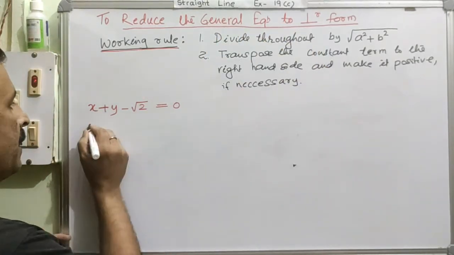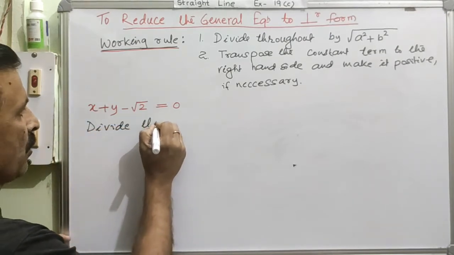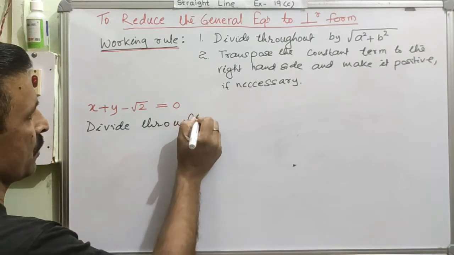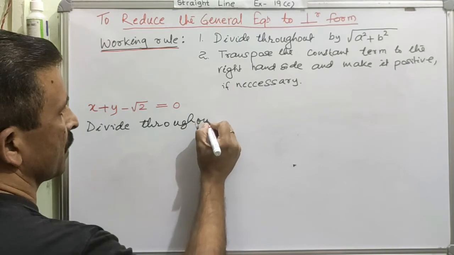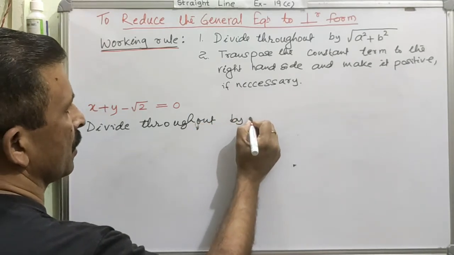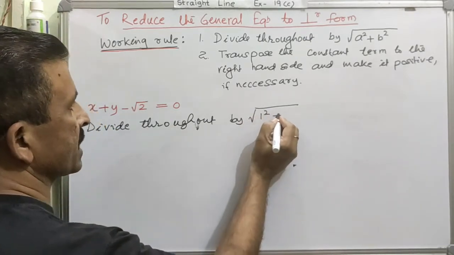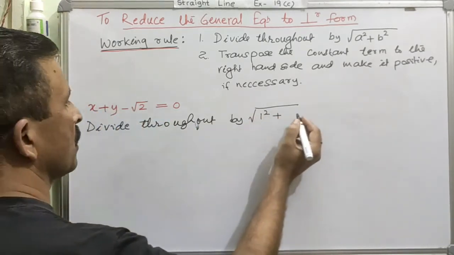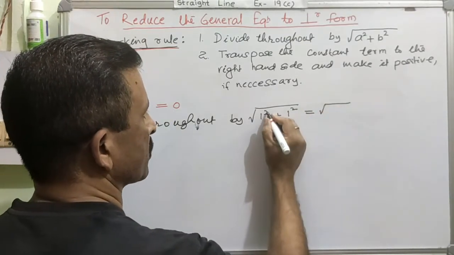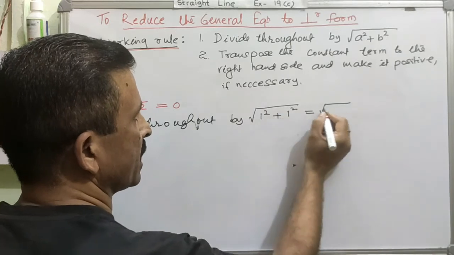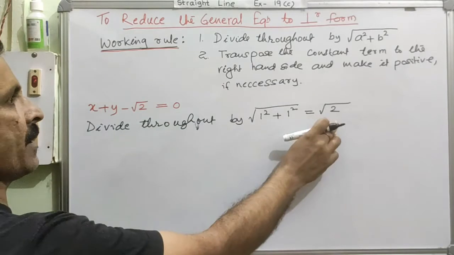We will say divide throughout by root over coefficient of x, which is 1 square, plus coefficient of y, which is 1 square. So this will come equal to 1 square means 1, 1 square means 1. So 1 plus 1 is 2. That means now this equation is going to be completely divided by root 2.